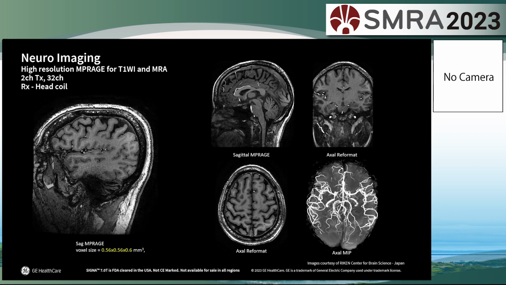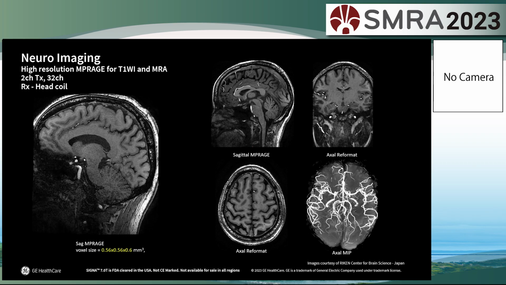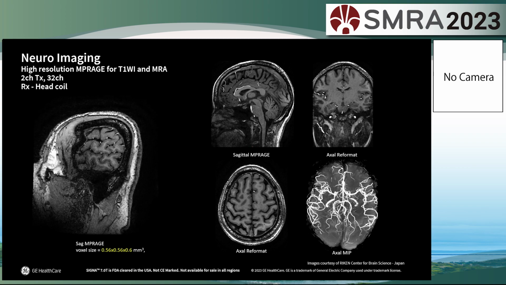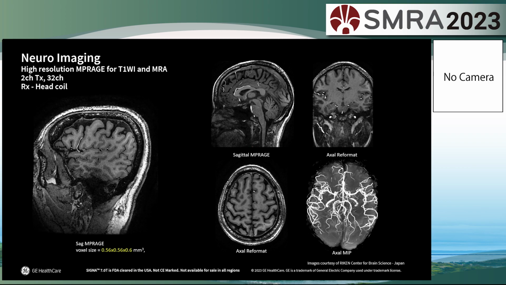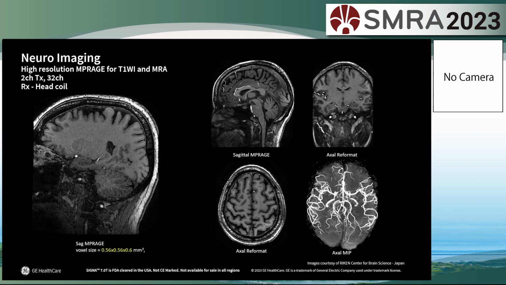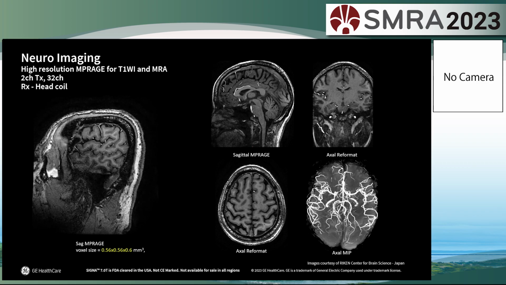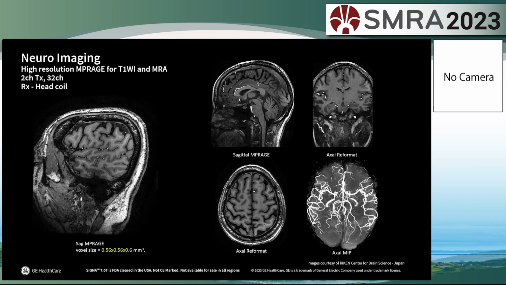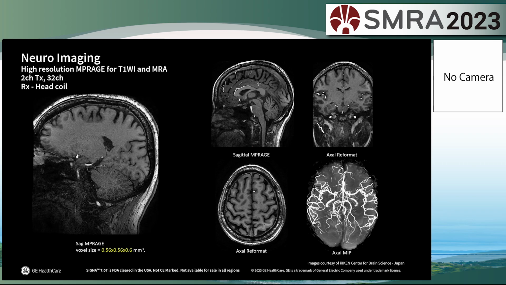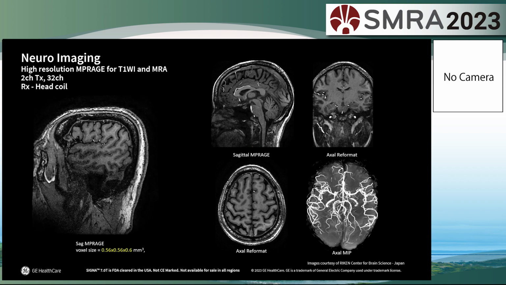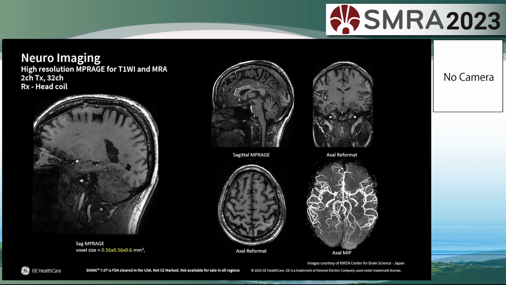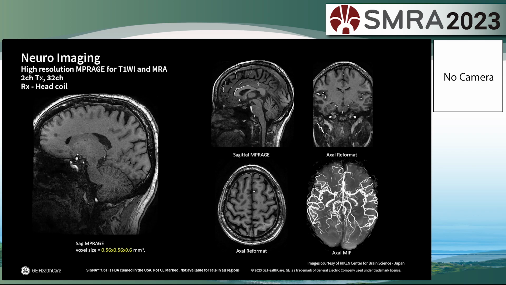The next slide is the MP-RAGE, which can be used for both the T1 weighted image and also the MRA images. So as you know, on the MP-RAGE on the 3T or 1.5T whole body clinical scanner system, the blood signal is typically low, but on 7T systems, we use the local transmit coil for the local excitation, which means that we can preserve the fresh inflow effect.